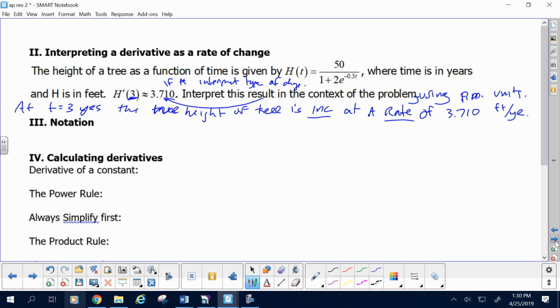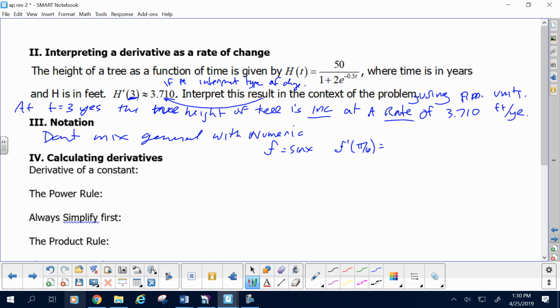Notation, by far the thing you want to make sure is don't mix general with numeric. Here's what I mean. This is more of an amateur calc student, not you guys. But if I said f is sine of x, what is f prime at pi over 6?